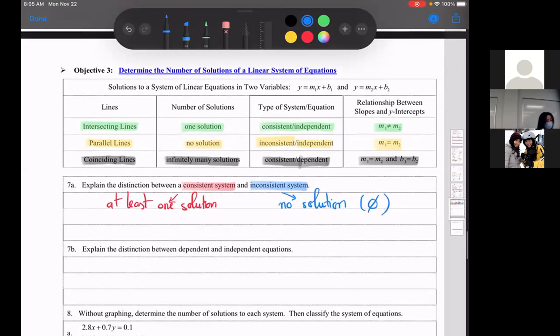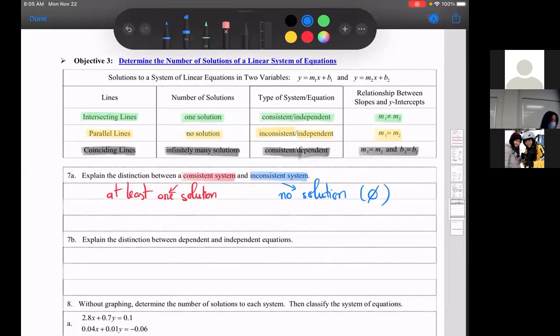What's the difference between dependent and independent? Maybe I understand what you're trying to say, but not quite the word you said.